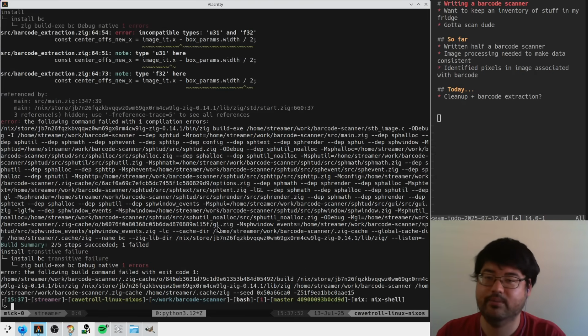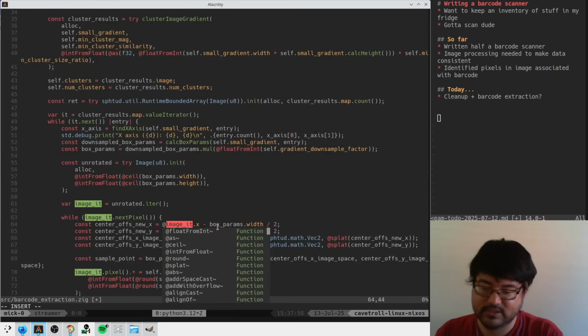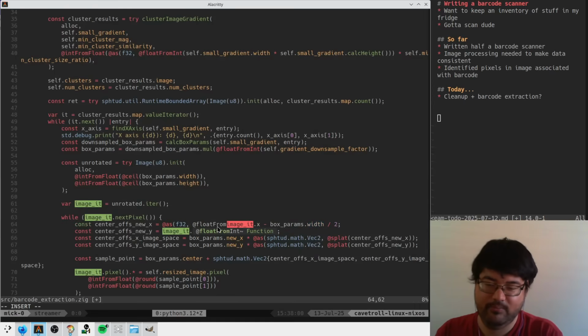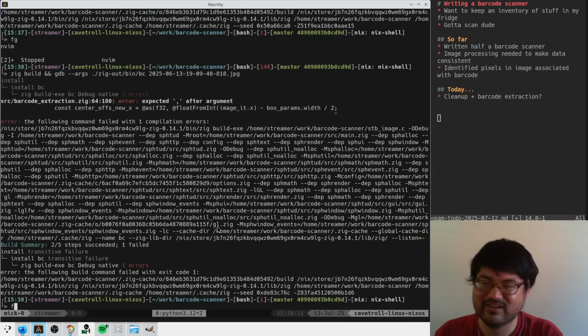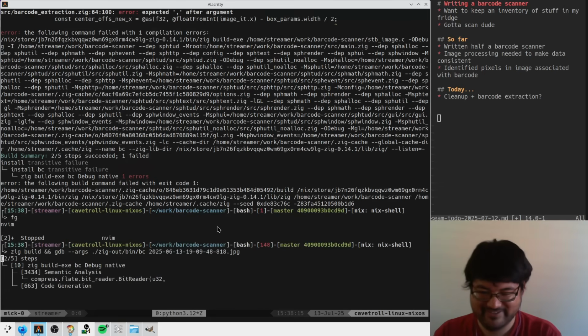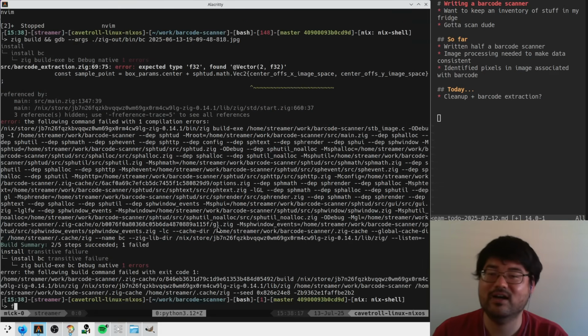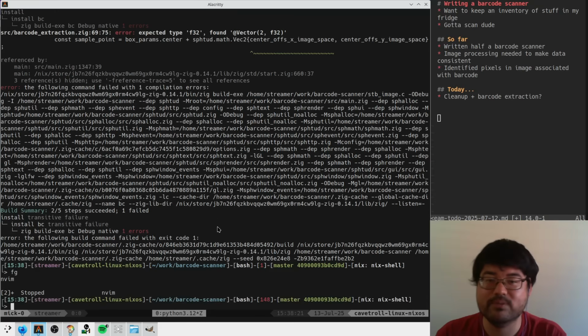Okay, there's some X, there's some U's and some F's around. So this is as F32, float from int. Gross. Alright, let's try that. Fuck! What is he pissed about now?